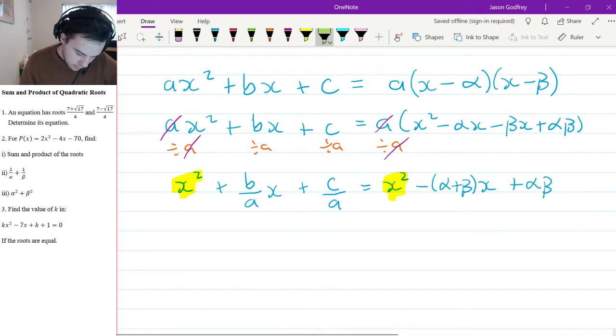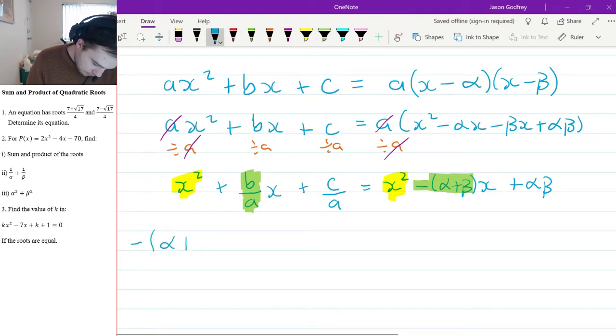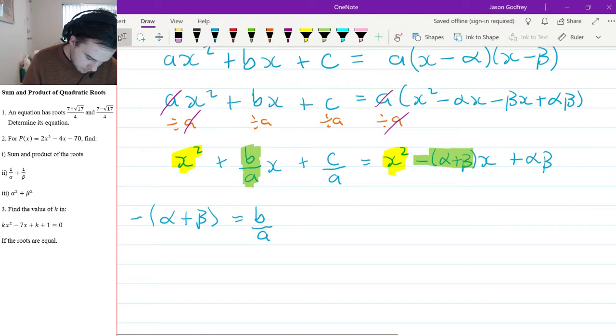Now, if you look here at the coefficients of x, you've got b over a as the coefficient of x on this side, and on the other side negative alpha plus beta is the coefficient of x. Because the x squareds are equal, these two coefficients are going to be equal. So negative alpha plus beta equals b on a.